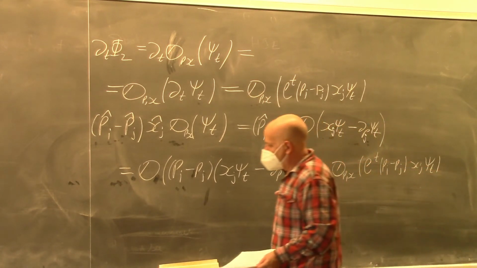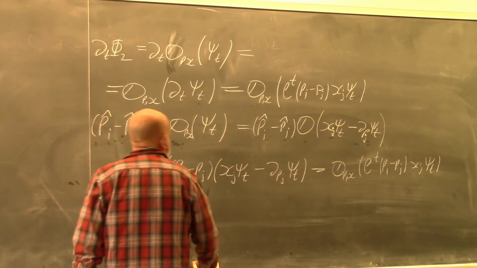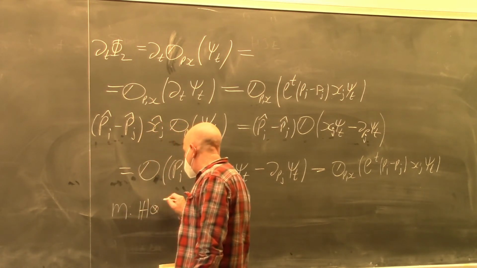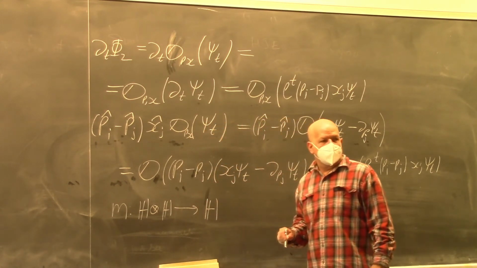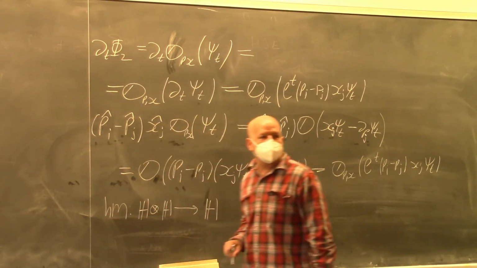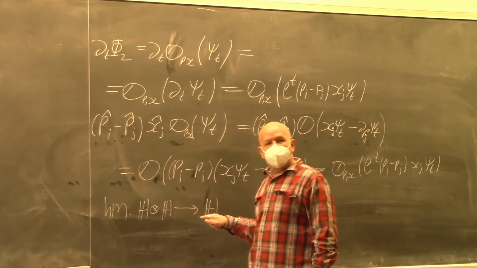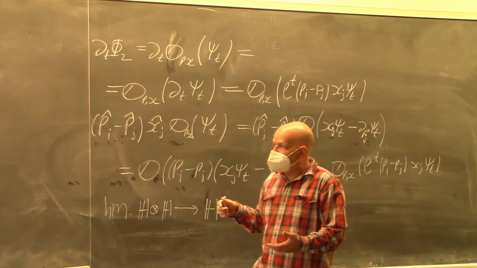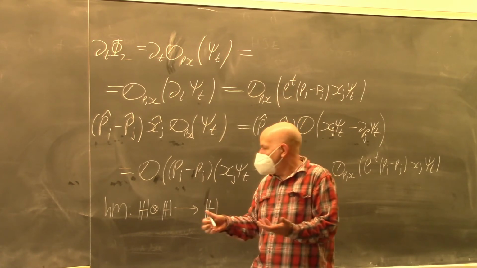Okay. So the next thing I want to understand is the multiplication map. So I have a multiplication map going from H tensor H into H. Let's call it the Heisenberg multiplication map. I want to understand it via the commutative, via polynomials.